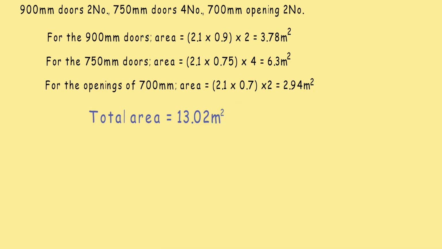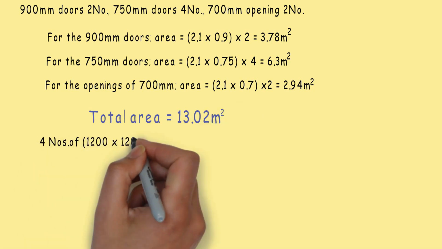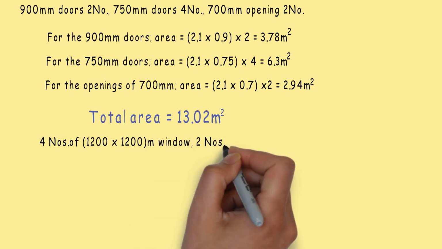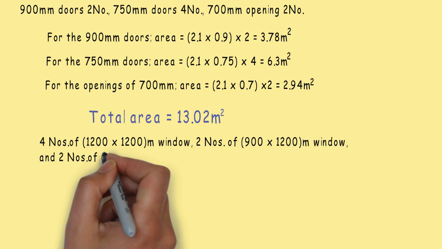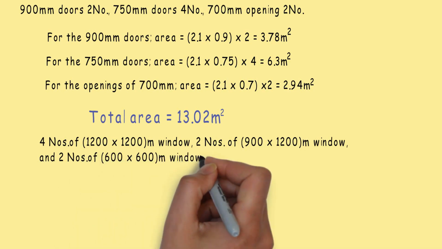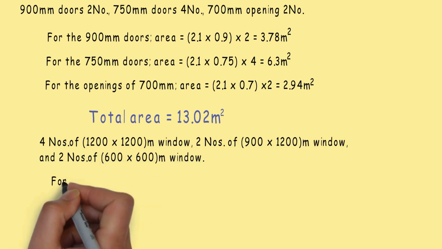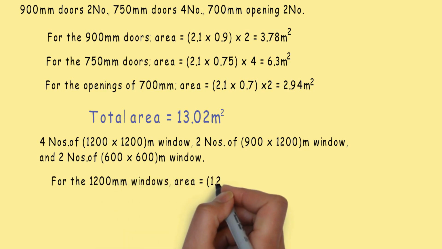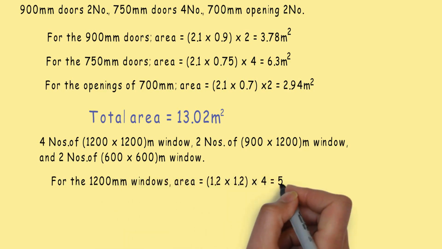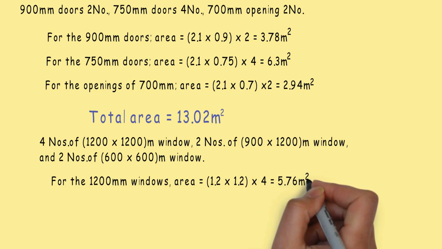For the windows, we have 4 windows with dimension 1200 by 1200, 2 windows with dimension 900 by 1200, and 2 windows with dimension 600 by 600 mm. For the 1200 mm windows, area equals 1.2 multiplied by 1.2 multiplied by 4, which will give us 5.76 meters square.